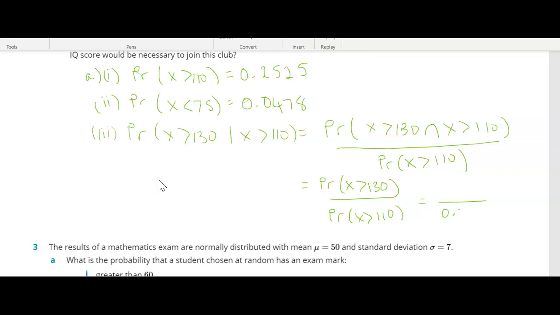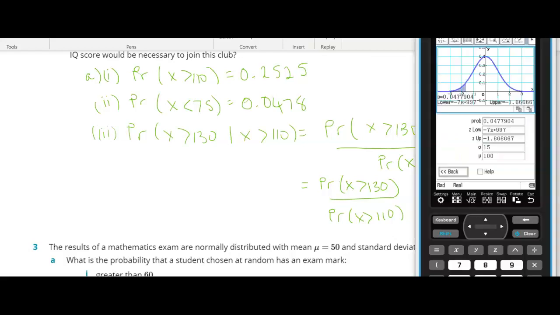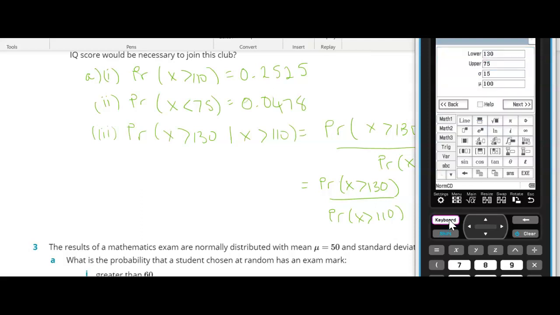So that's 0.2525. Now let's do greater than 130. We want 130 to infinity.